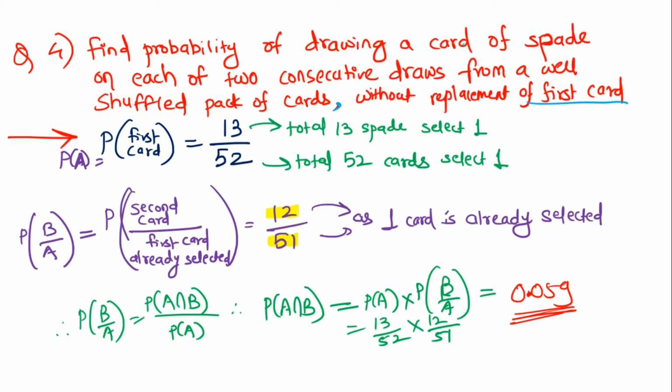Next, on the next round, two consecutive draws from a well shuffled pack of cards without replacement of the first card. This means you have taken out one card from 52 cards, but you are not keeping that card in the pack again. So you will have only 51 cards in your pack. So what will the probability be? The probability of taking out the second card such that the first card is already taken, which is probability of B given A, will be as follows.